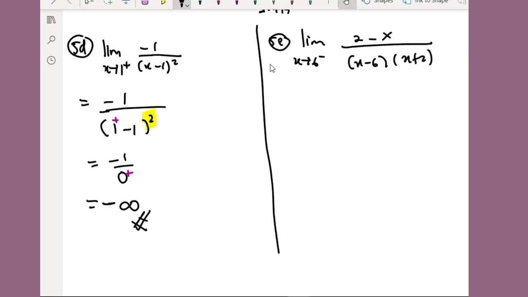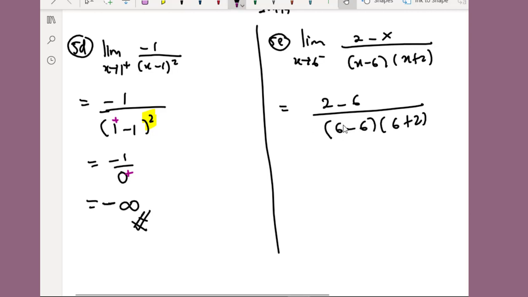For 5e, limit of 2 minus x over x minus 6 times x plus 2 as x approaches 6 from left. Substitute 2 minus 6, and 6 minus 6 is 0, plus 2. The problem is here, it produces 0, with 6 from left. The numerator is okay, just substitute 6. So the numerator is negative 4.